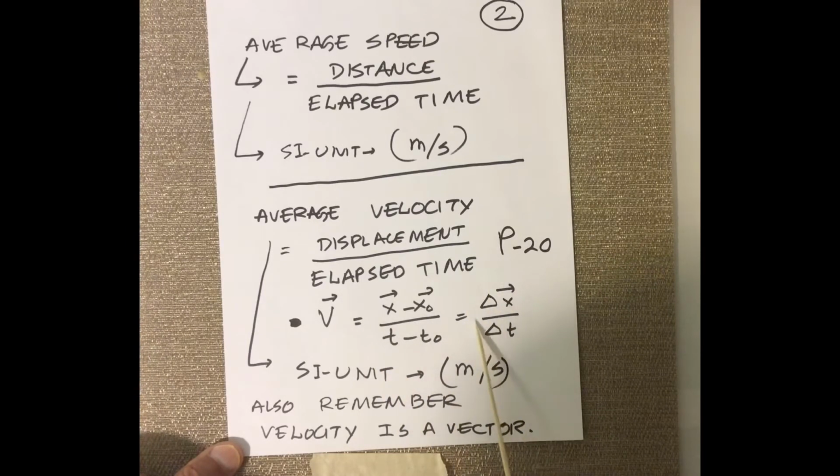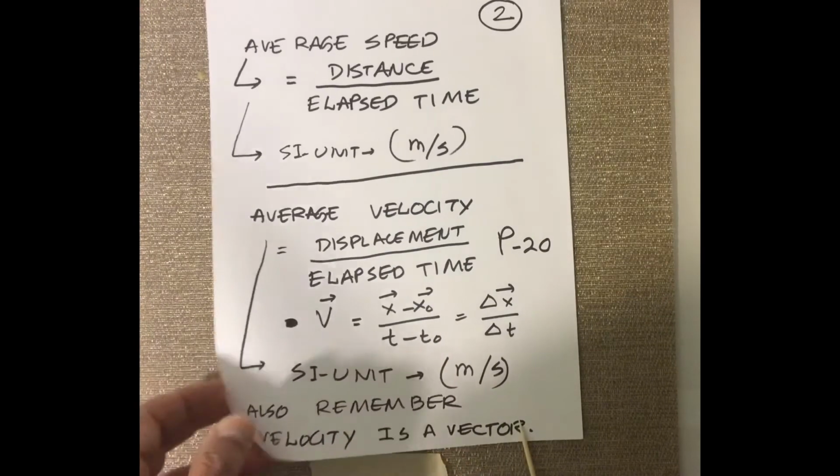So the difference, delta x, which is displacement, over the time change or elapsed time, will give you meters per second. That's your average velocity. And also remember, velocity is a vector.